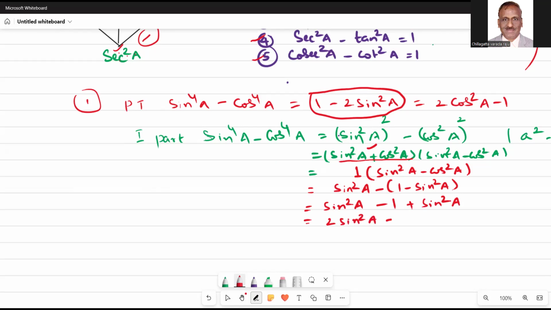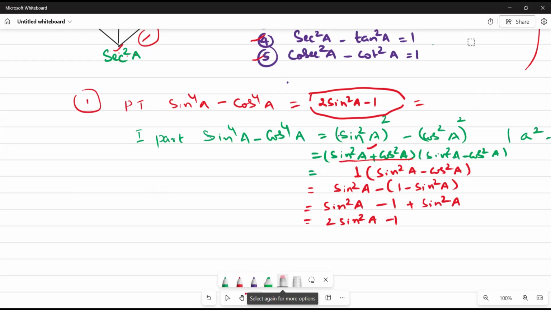and minus 1. Let me make a little change in your condition, that is, we'll write the reverse here. You are supposed to prove sine square a minus cos square a as 2 sine square a minus 1, and here you will write 1 minus 2 cos square a.